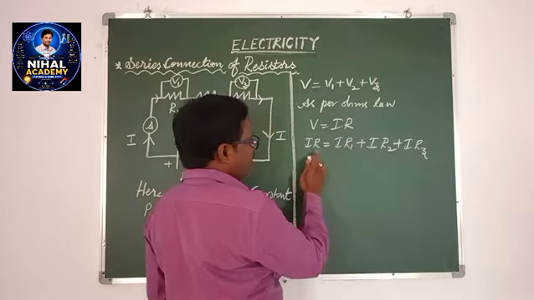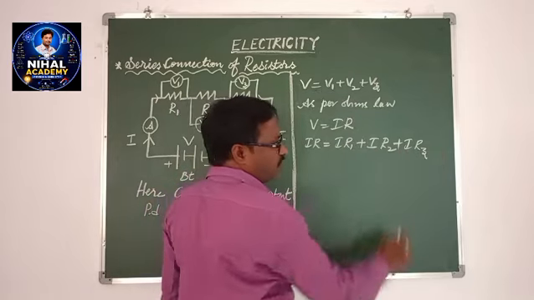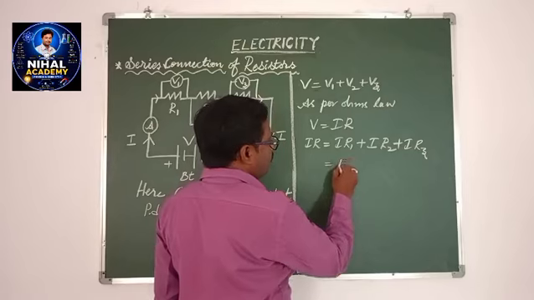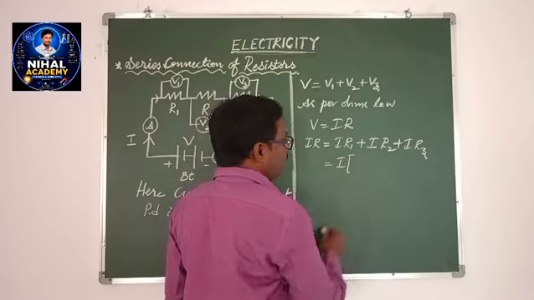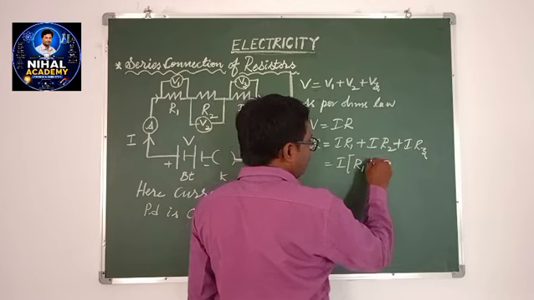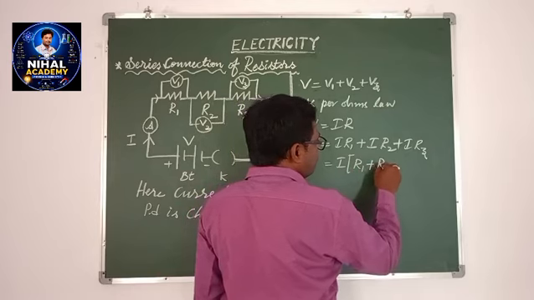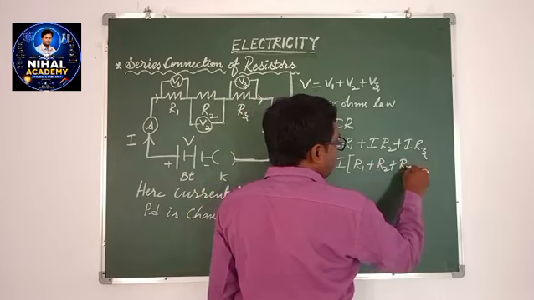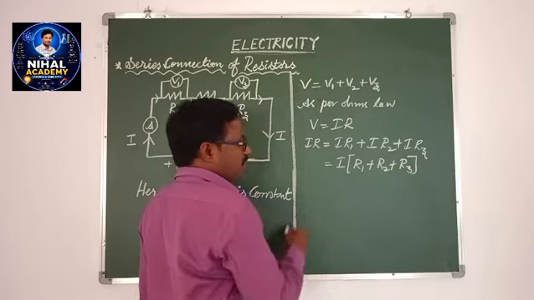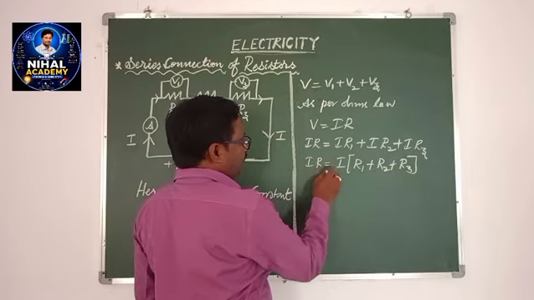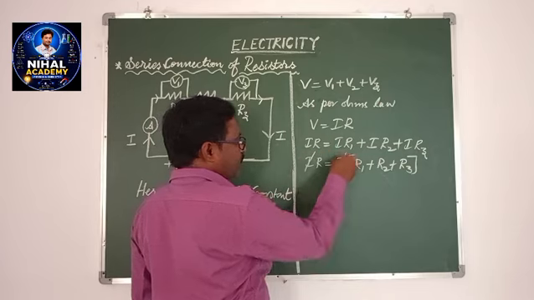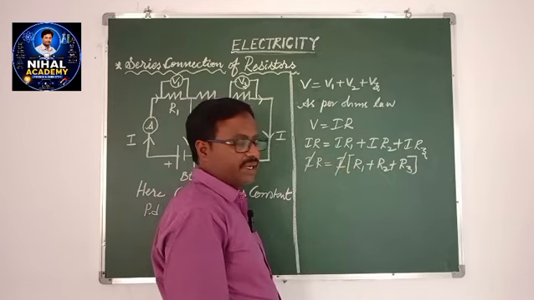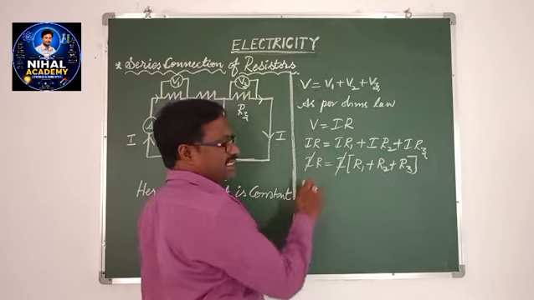Now if you look at the board here, the current is constant, so we can take it out common. Then V is equal to I times R1 plus R2 plus R3. If you look at the board, on either side the current I remains constant, so we can cancel it.